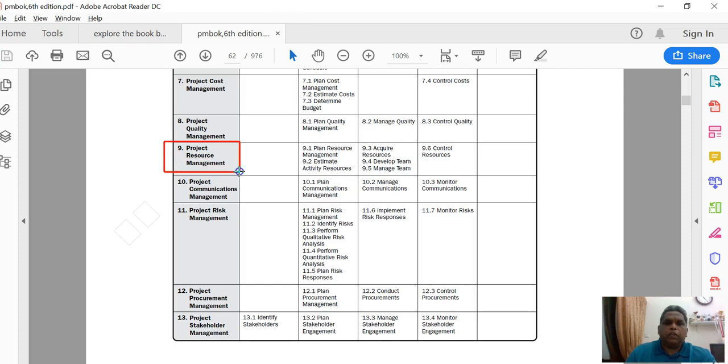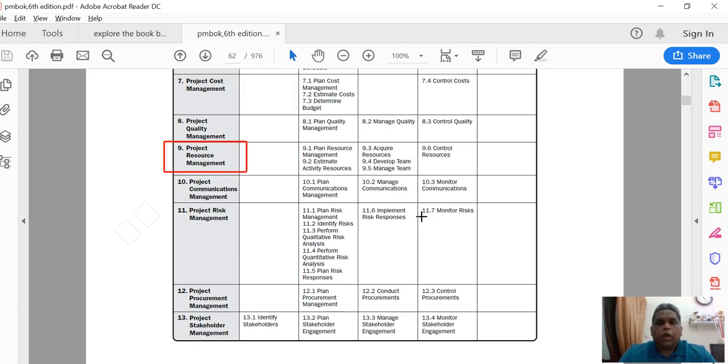Resources do play a significant part in managing projects. Now, when PMI talks about resources, it does not restrict itself to just the people part of the resource, but it would also include your equipment, raw material, venues, etc. All of them combined together are your resources. Now, resource also is a constraint on a project. We don't have all the resources that we need. We have limited resources, and we need to prioritize those resources.